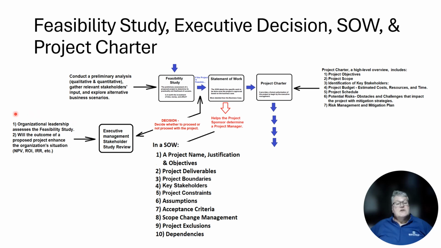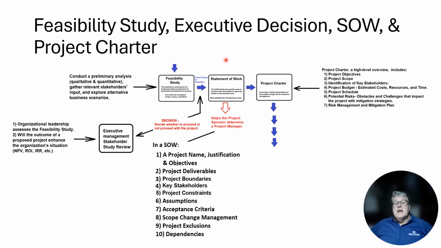The organizational leadership assesses the feasibility study. Will the outcome of the proposed project enhance the organization's situation? Some measurement tools might be net present value, return on investment, internal rate of return, and cost-benefit analysis.